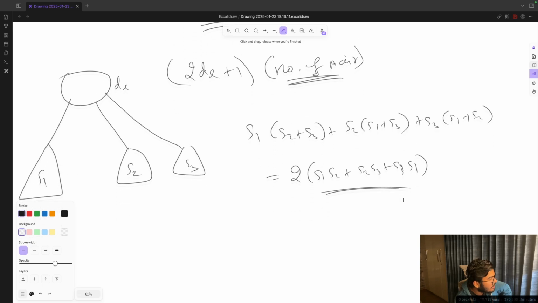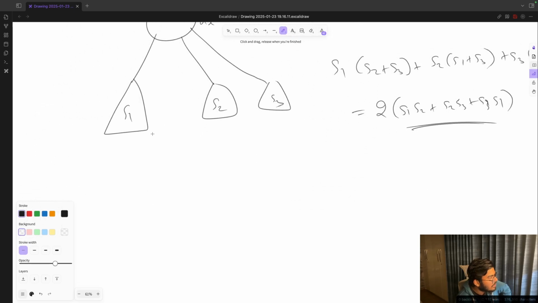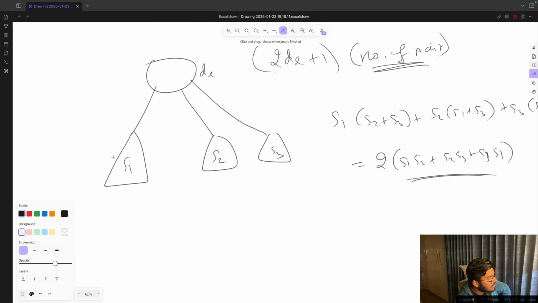Okay, so I think you already see a pattern. When there were only 2 children, the sum that we had was s1 into s2 plus s2 into s1. I mean, there were 2 kinds of pairs that we had. Actually, it is not 2 times like this. Let me just think about this. Yeah, it will be divided by 2. Sorry, this number will be divided by 2, right?